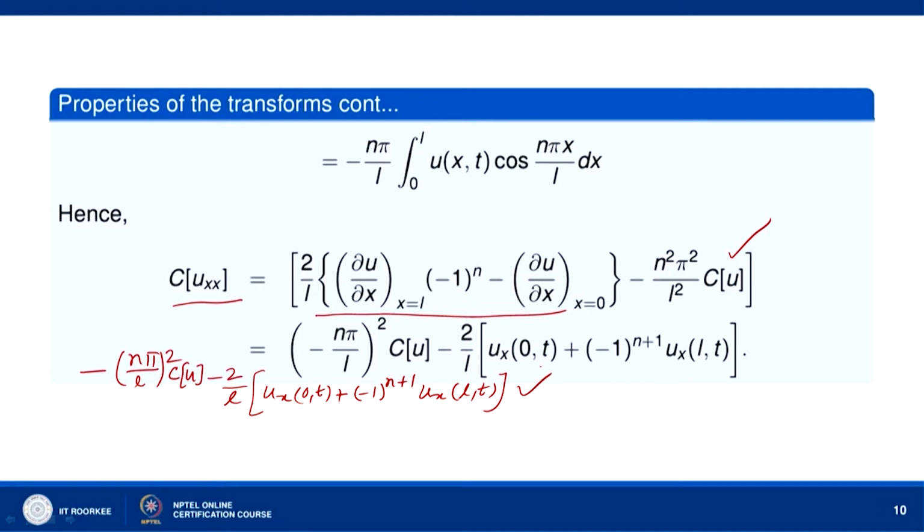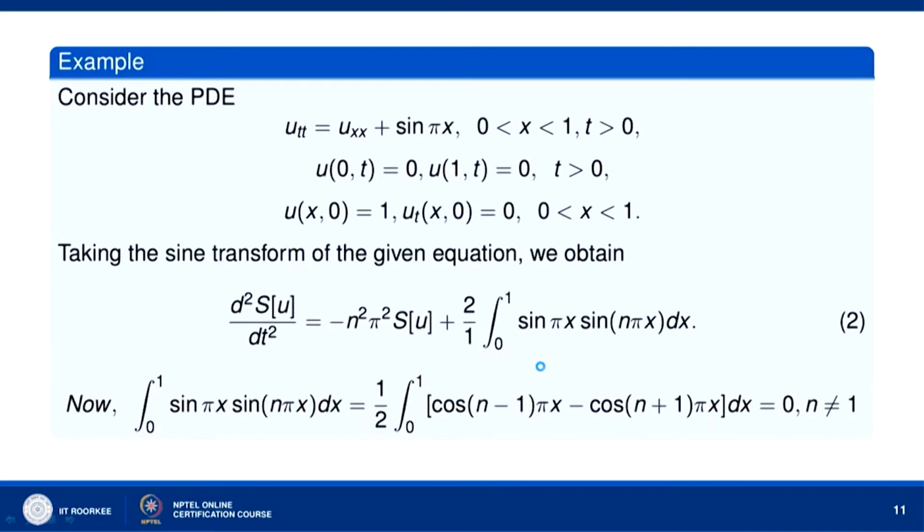Now, consider the second order PDE: u_tt equal to u_xx plus sin pi x, where x varies from 0 to 1 and t is greater than 0. So, we have a finite length.